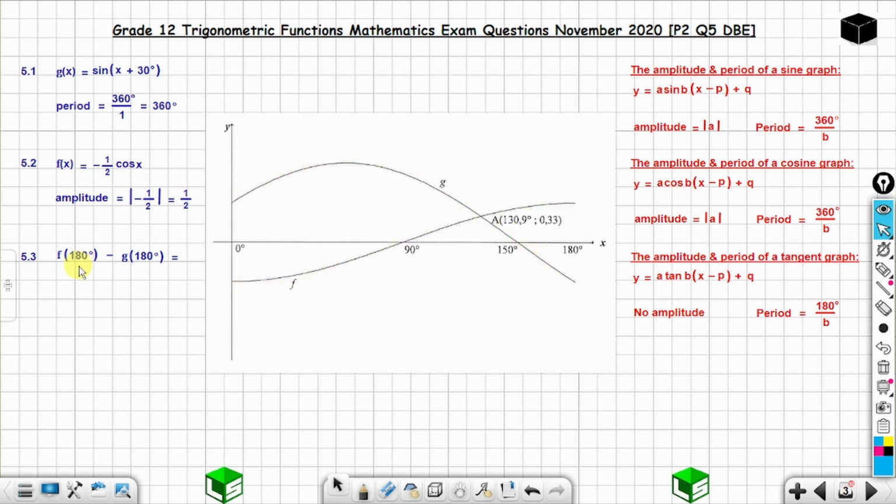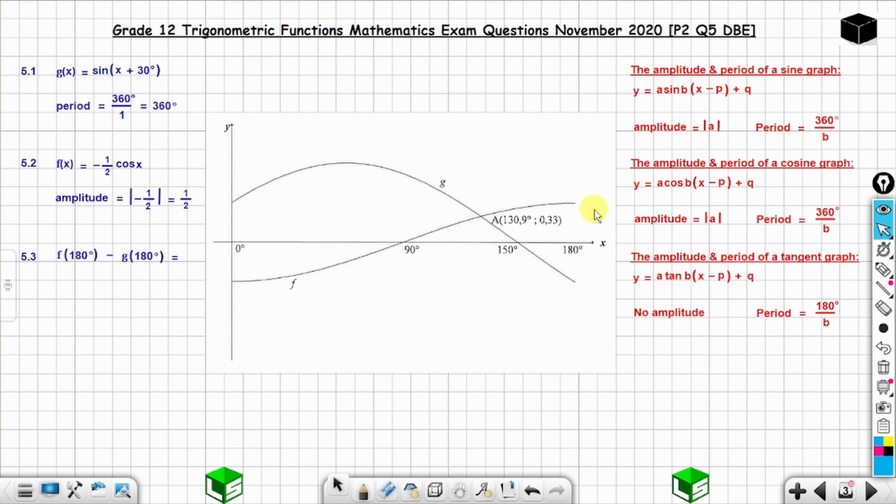You can see when x is equal to 180. You take 180, plug it into f, minus you plug 180 into g, and you have your answer.